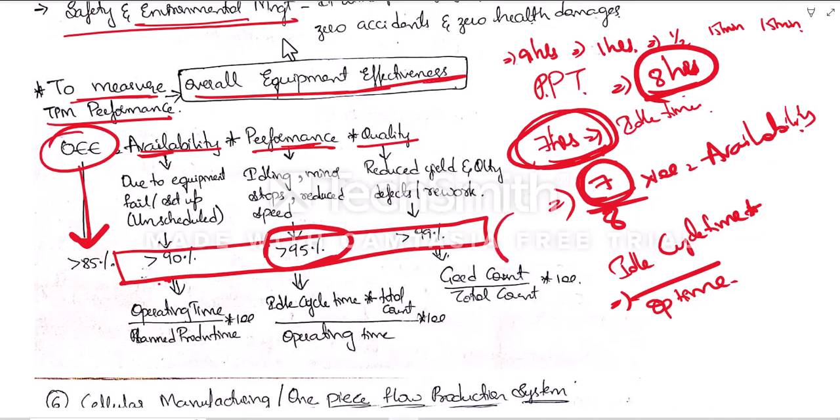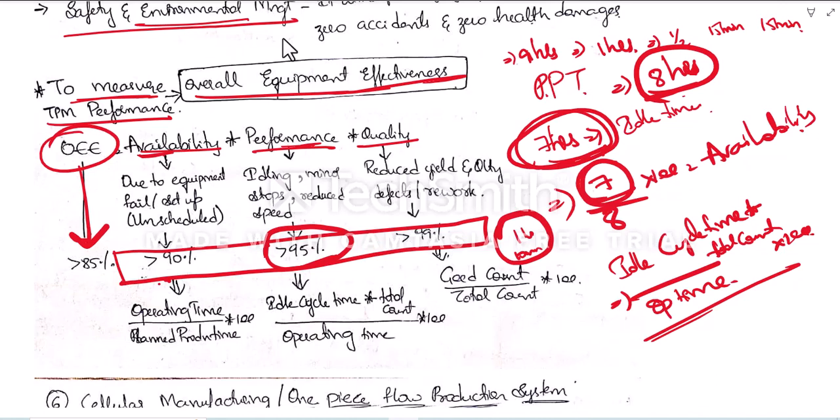To do the entire process, how much time each unit of output requires. It might be 1 hour, it might be 10 minutes, anything. For each output, the time it requires is the ideal cycle time, into total count, meaning the number of units of output. If we divide it by the actual available time, we will get the performance ratio.